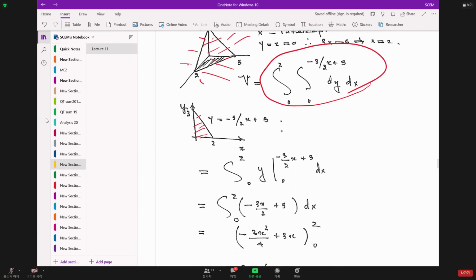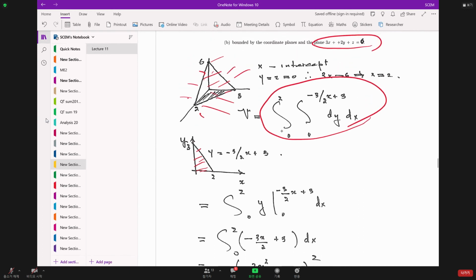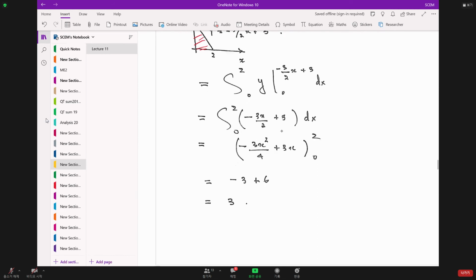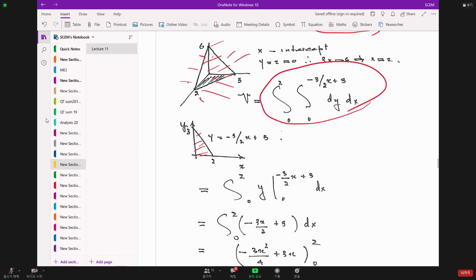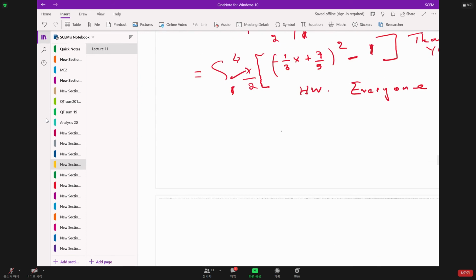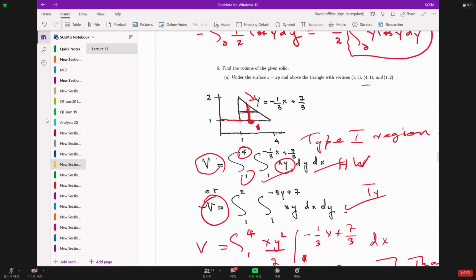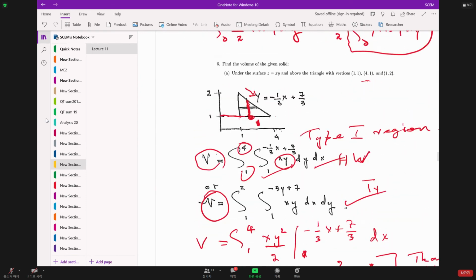We just integrate this from 0 to that, and x changes from 0 to 2. So what we get is simply 3. So that's the first part.